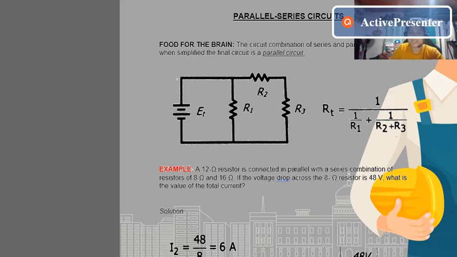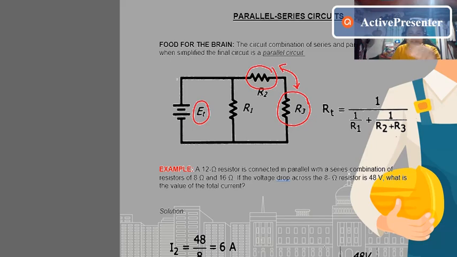So example, in ani na figure ang given, we have our total voltage and our R1 which is nakaparallel, and nakaseries ang atuang R2 and R3. First, we need to solve nato ang atuang series.